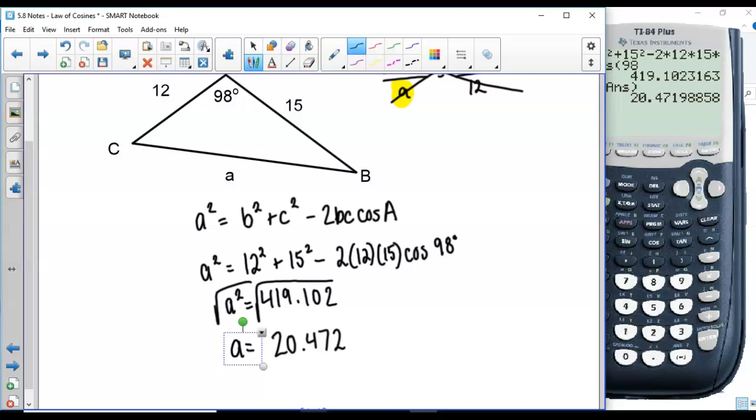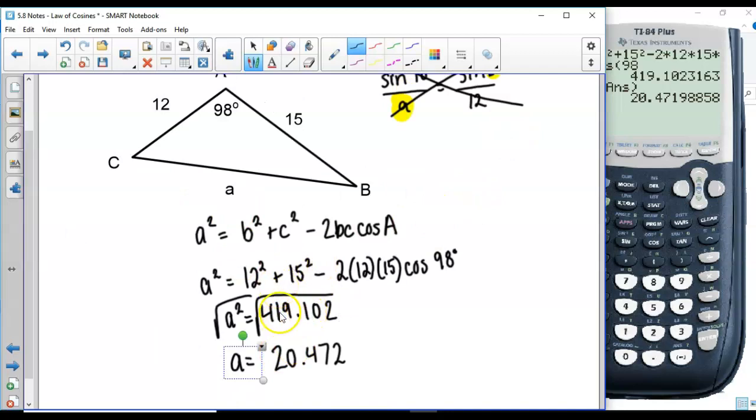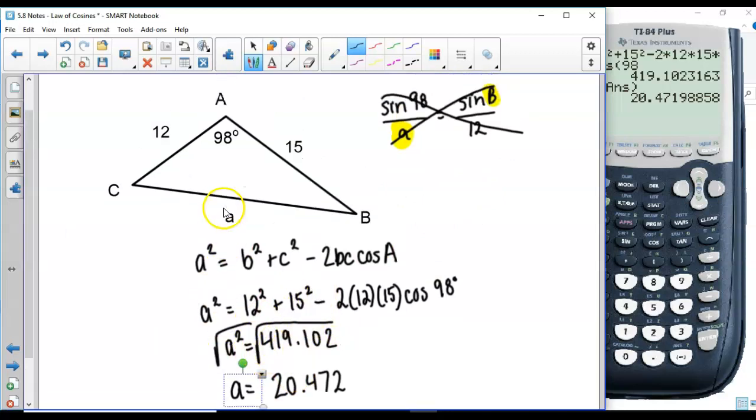Okay, questions? Okay, I think these are pretty quick to do. Just be careful about making sure you take that square root, because it would not make any sense in the world for this side to be 419.